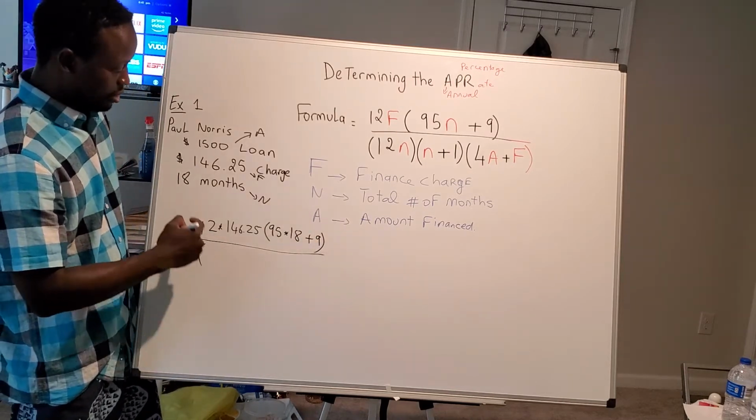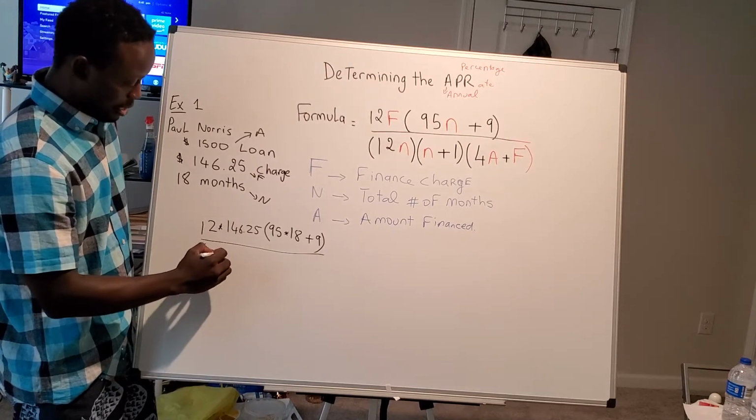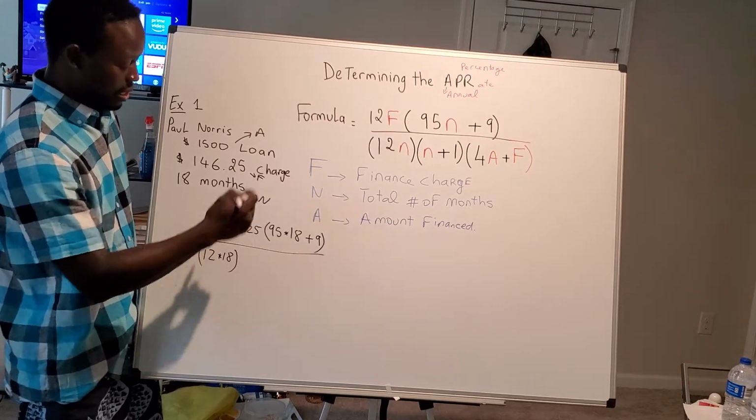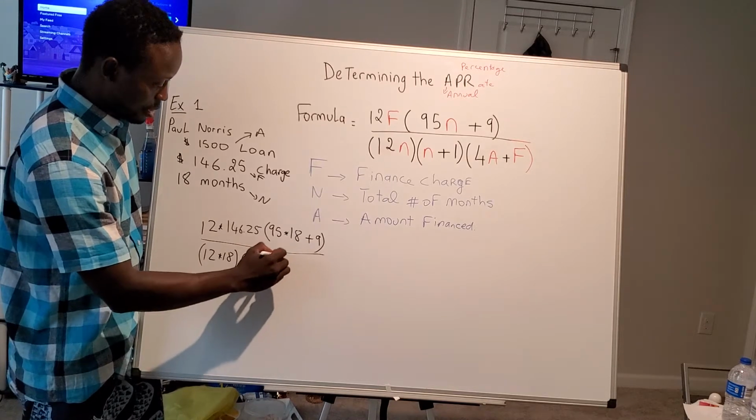Now the first one is 12 times N, N is 18, so 12 times 18. And then N plus 1, N is 18, so that's 18 plus 1.